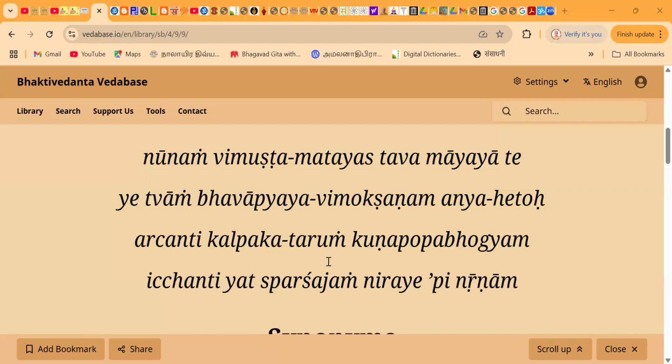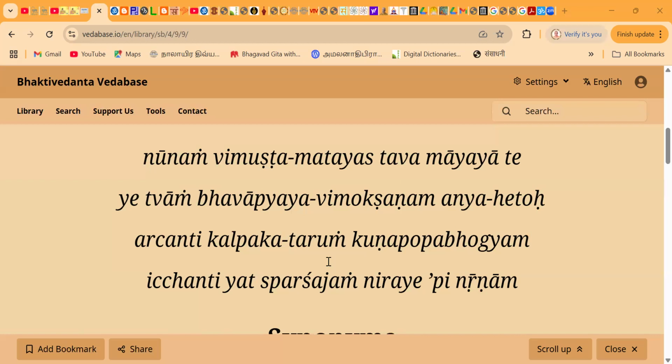As if Krishna is a desire tree, as if Krishna is a waiter. When you go to a hotel, whatever you demand, the waiter brings. Similarly, they consider Krishna an order supplier, a waiter, a material desire tree.